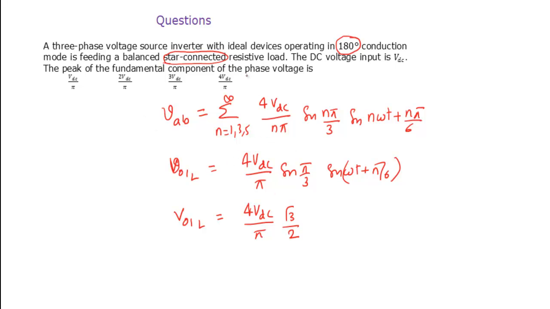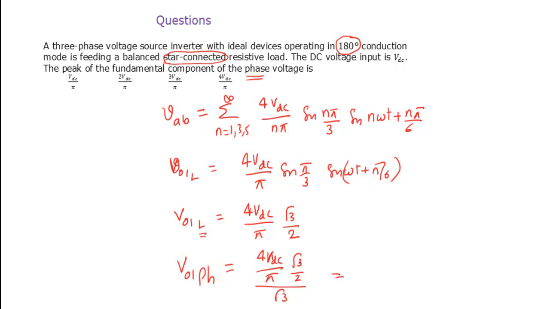And then it asked about the phase voltage, but we actually got the line voltage. So how to get the fundamental phase voltage? The relation between line and phase in star connection is that phase voltage is line voltage divided by root 3. That means 4 VDC by pi into root 3 by 2, whole divided by root 3.